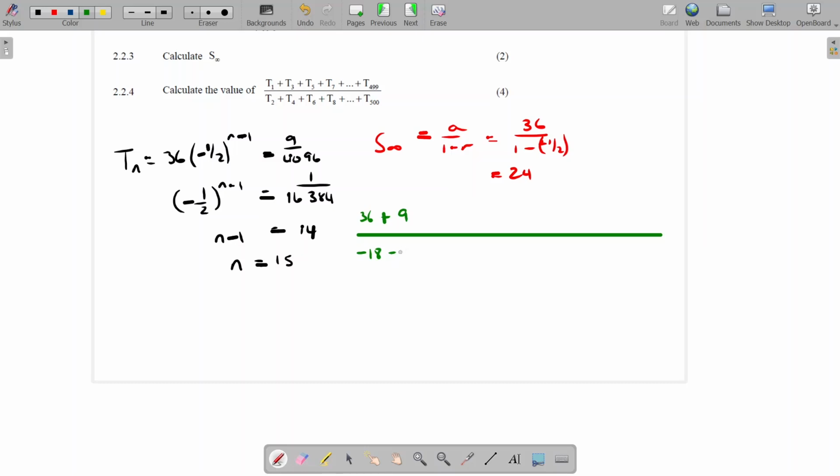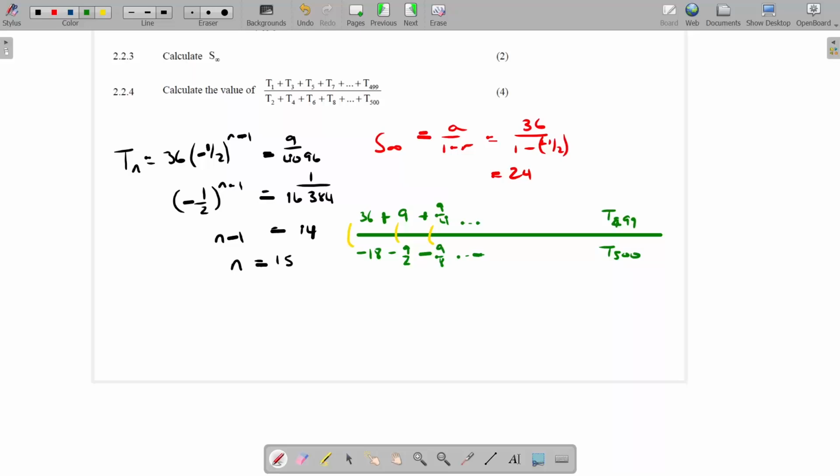The fourth term would have been -9 over 2, then we would have had plus 9 over 4, and then minus 9 over 8, etc. It goes down to term 499 and term 500. That's not overly important right now. What I am seeing is that there's a link between these pairs. Firstly, the top ones are all positive, and secondly, the bottom ones are all negative.